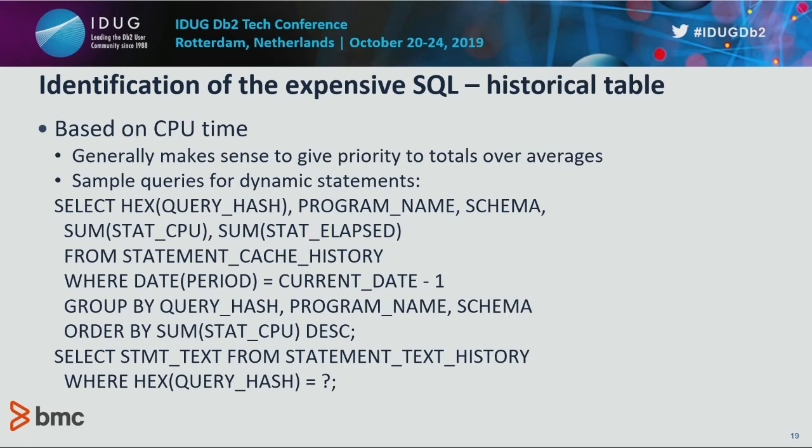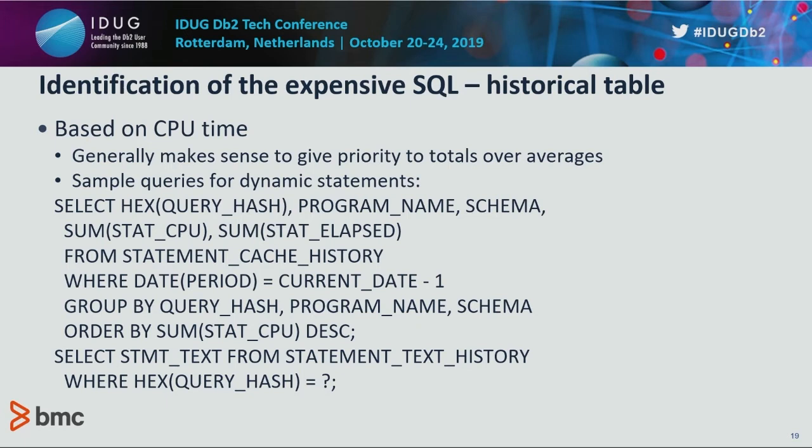So if I'm building a historical table, like in that example with the Rex exec, I can give priority to totals over averages because I have some history here and kind of a consistent frame of reference in the historical table that I've built. So these are a couple of queries that are just for yesterday, current date -1, and just doing queries on this historical table to identify the SQL that's the most expensive.